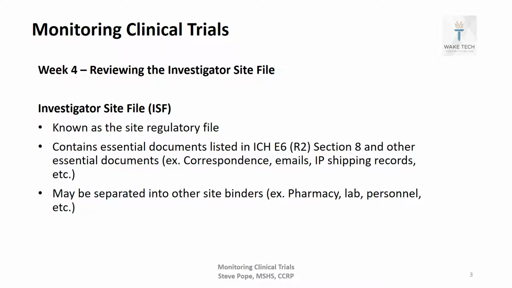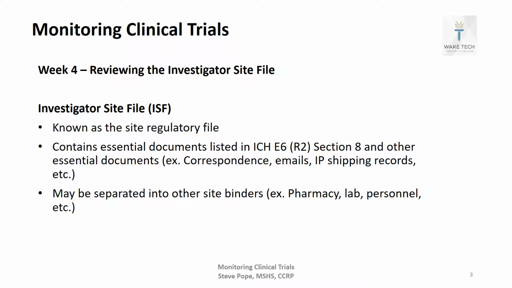And these may include other essential documents that may or may not be listed there, such as correspondence. They may print out emails and put them in there. They may have IP shipping records, packing lists, things like that, that are contained in their investigator site file.